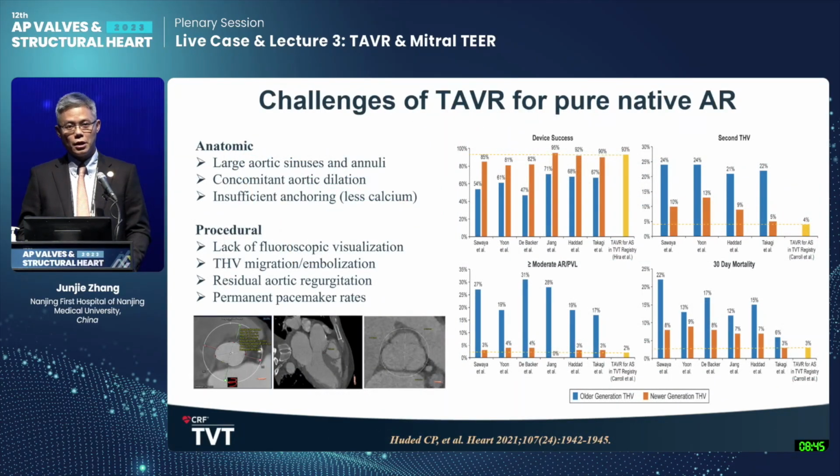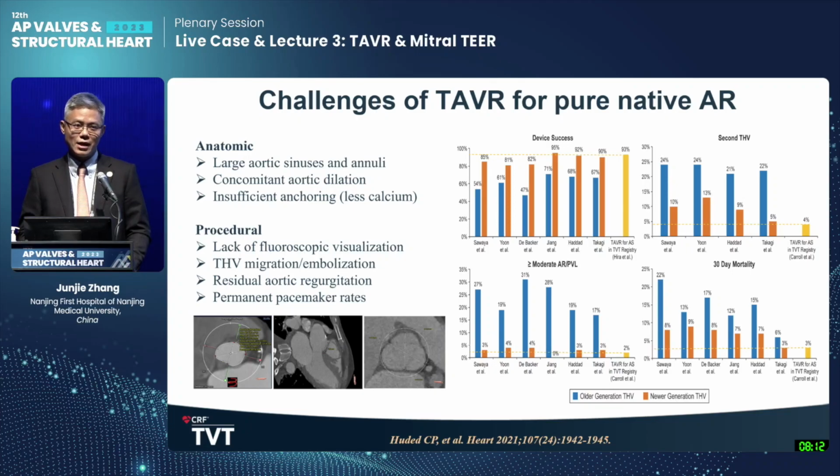For severe aortic stenosis, we all know TAVR is a standard approach, especially for elderly patients. However, AR is still challenging because of a large aortic sinus, a dilated aortic root, and lack of sufficient anchoring, which makes it prone to valve pop-out and carries a high risk of PVR after the procedure and a high risk of pacemaker implantation.